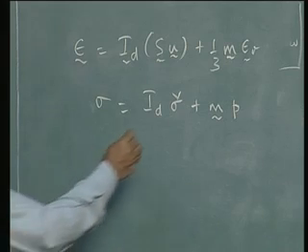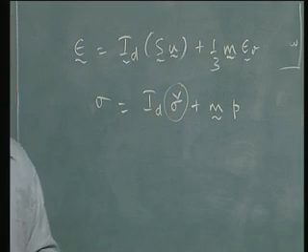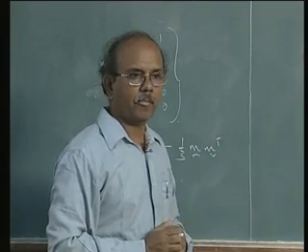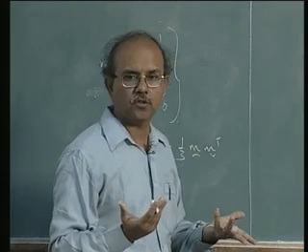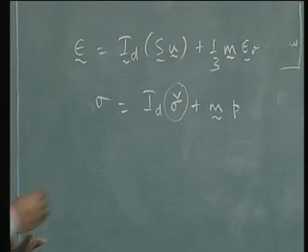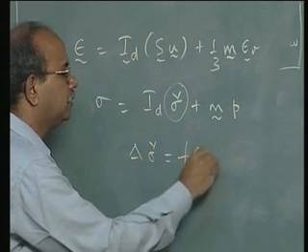This sigma here is the one that participates in the constitutive equation, and depending upon the way you write the constitutive equation, it can be written as, say, delta sigma is some function of delta epsilon.